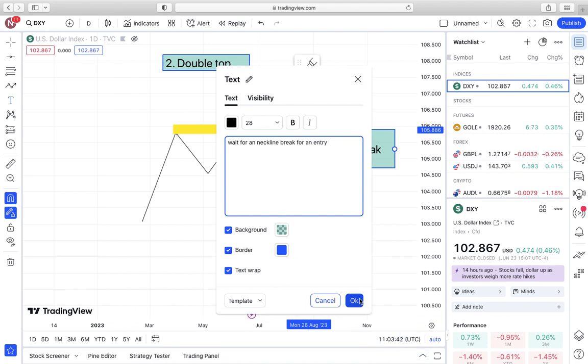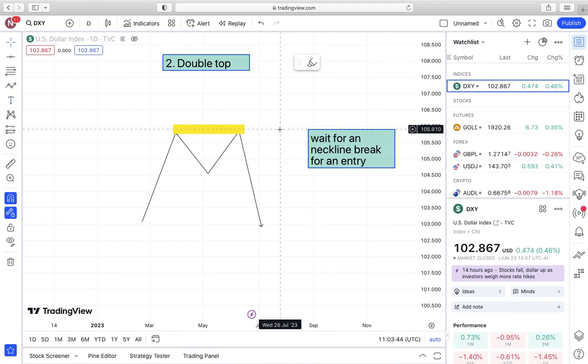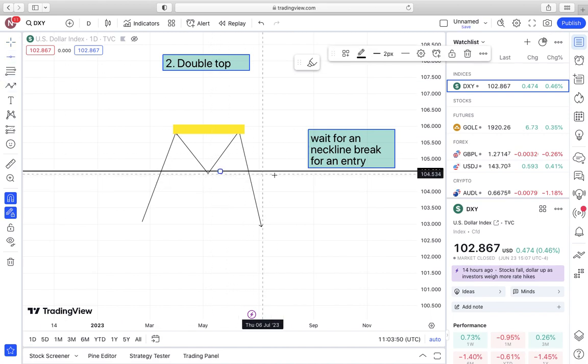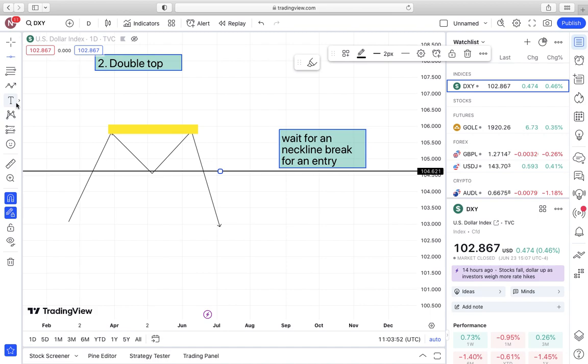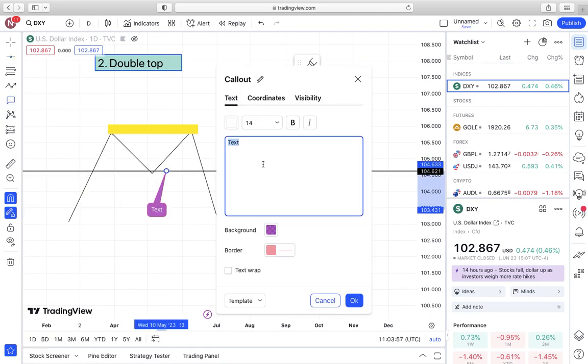We have said that the market is forming a double top, but what do you check? Wait for the neckline break for an entry. Where is the neckline? The neckline is at this given zone. Let us call it a neckline. This is going to be our neckline.